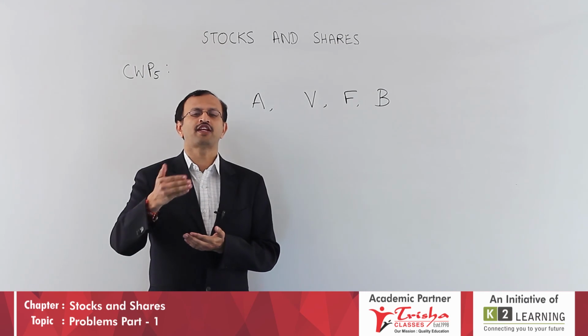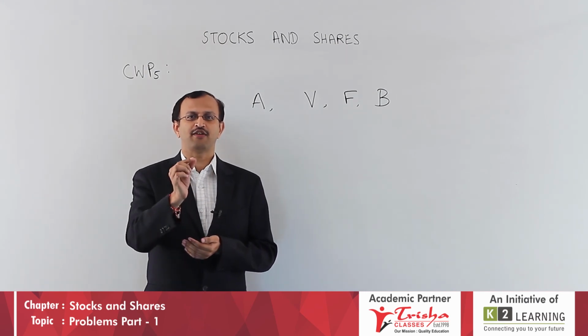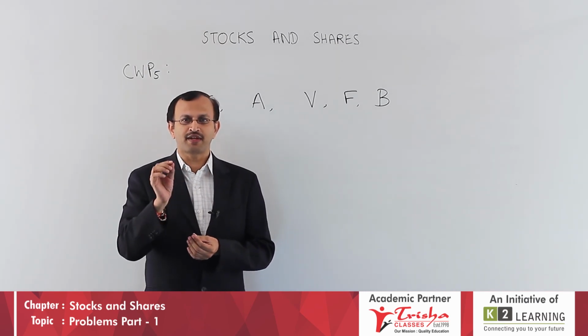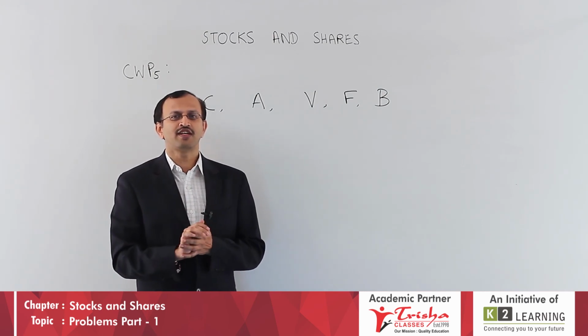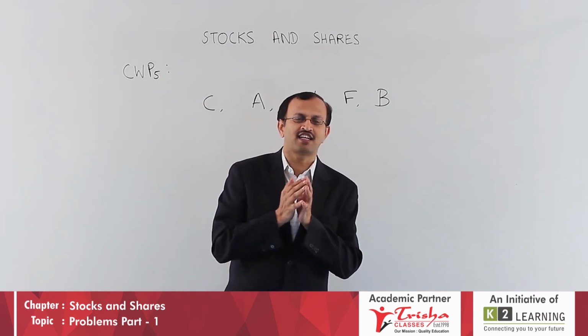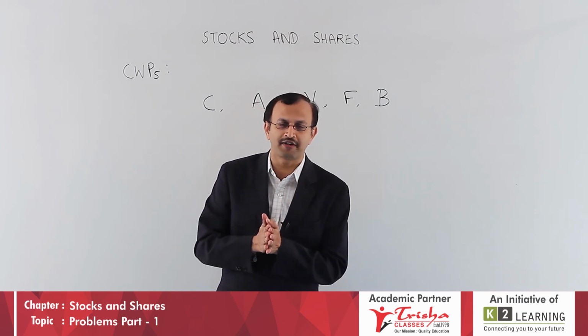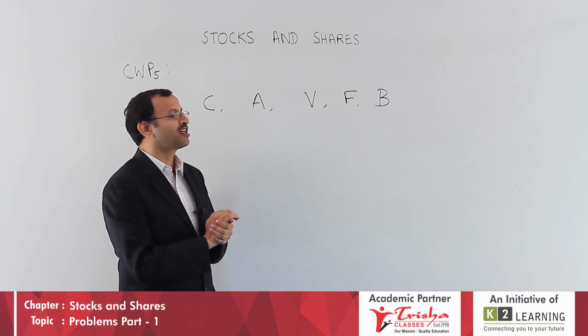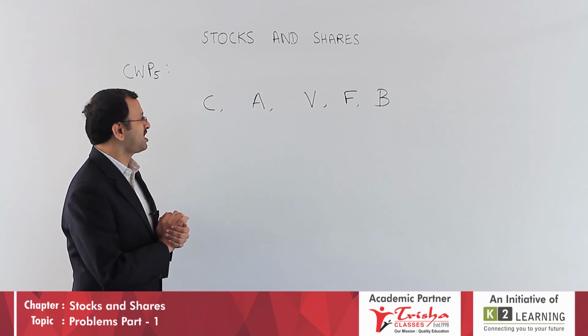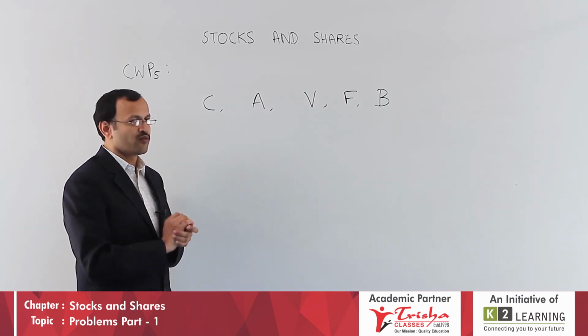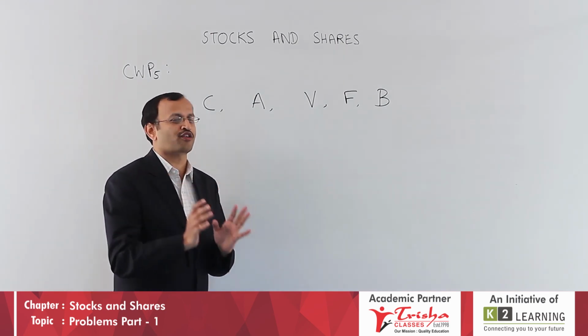Students, before going to the next level of problems, as usual, I will give you one puzzle. Before the break, you have to solve this puzzle. Maybe a lot of small puzzles on numbers we worked out. Let us look at one question. There are a few letters here: C, A, V, F, B. One letter is the odd man out, you have to remove it.